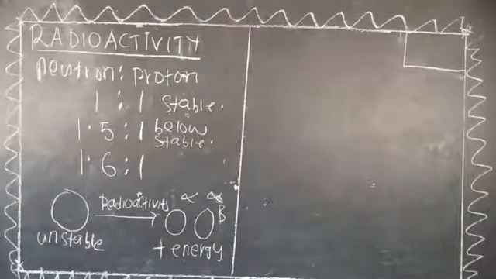The substances that undergo radioactivity are referred to as radioactive substances, while the radioactive isotopes are known as radioisotopes.